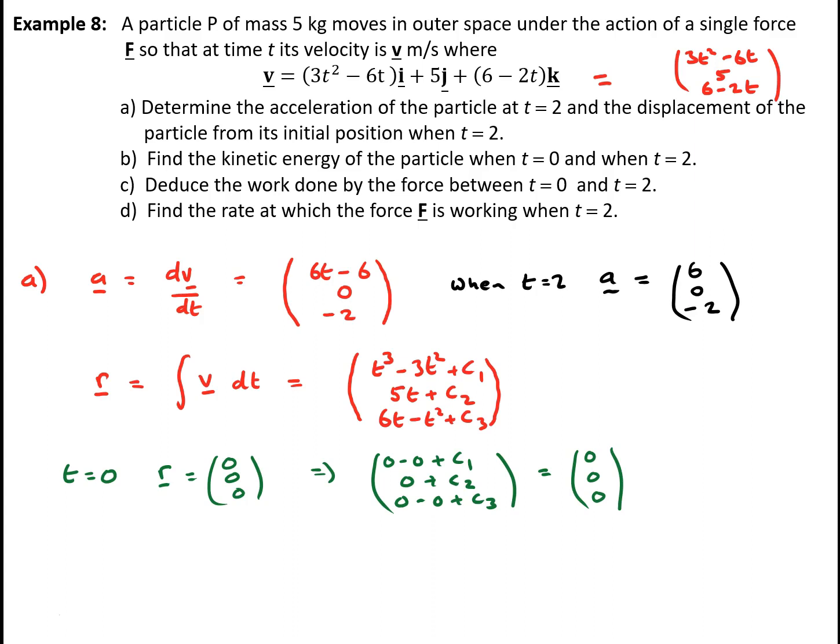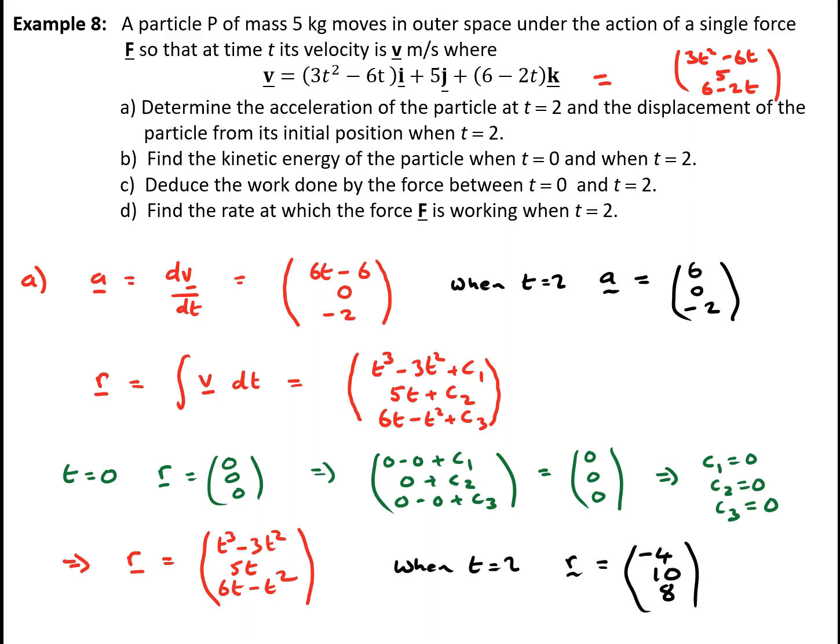In other words, c1, c2 and c3 are each 0. So the expression for the displacement is r equals (t cubed minus 3t squared, 5t, 6t minus t squared). Putting t equals 2 in, this gives me a displacement of (minus 4, 10, 8).